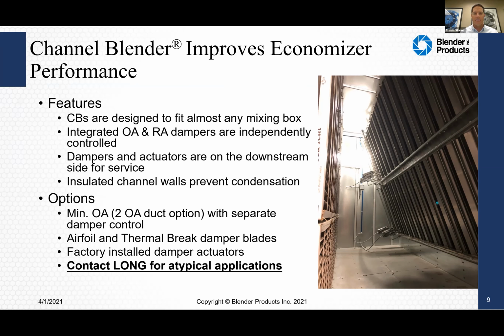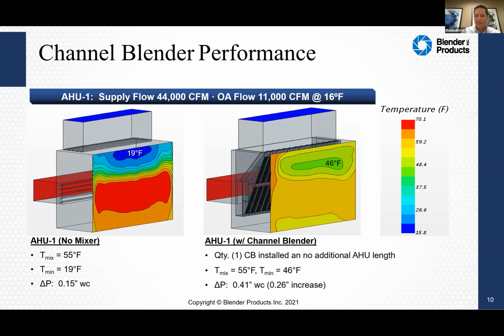So if you do have a requirement for a dedicated minimum outdoor air duct, we can do that into the unit, which I have a rendering I'll show you later. But long story short, we've done 18 different configurations where we have air inlets going into the channel blender. So if you have an atypical application or something that may require special engineering know-how, please reach out to Long and they can help assist you in getting a channel blender design.